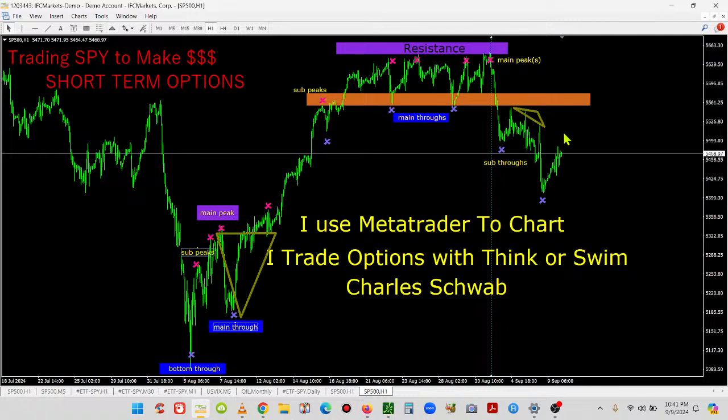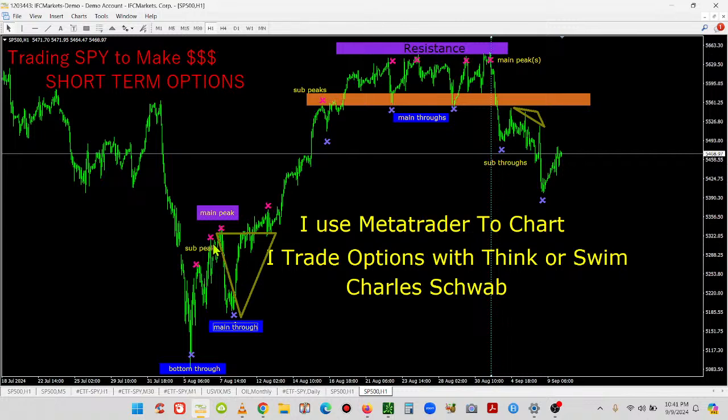Ooh. Wow. You see how much more detailed that becomes with all the other beautifications here. So we have sub peaks, we have a main trough, we have a main peak, okay?